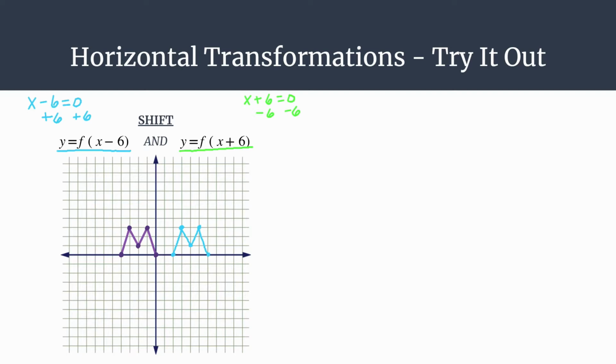So take each of those points and move them to the left 6. There's our first one, our second, our third, our fourth, and our fifth. And then we can sketch in our final graph. So this is f of x plus 6.